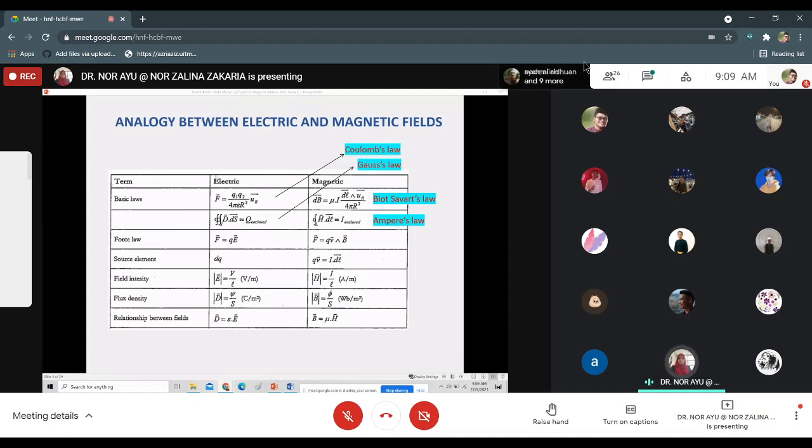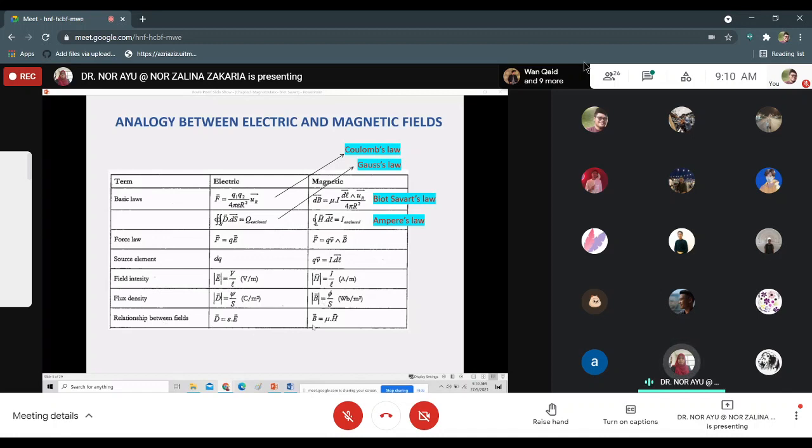So we have H.dl equals the current enclosed. So we have Ampere's law, and other than that, we have force law, field intensity, flux density, and the relationship between the fields.